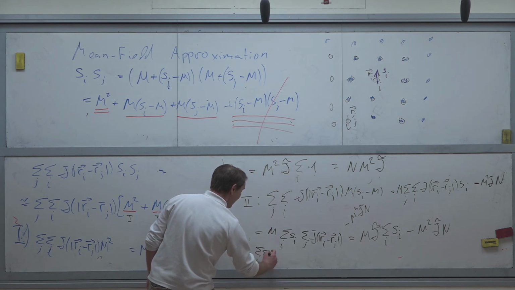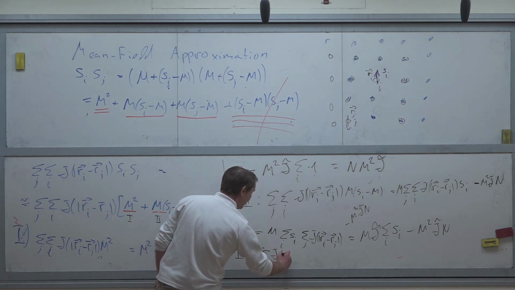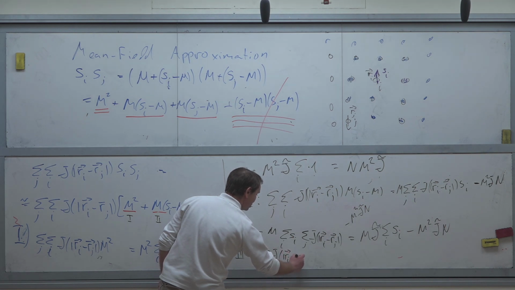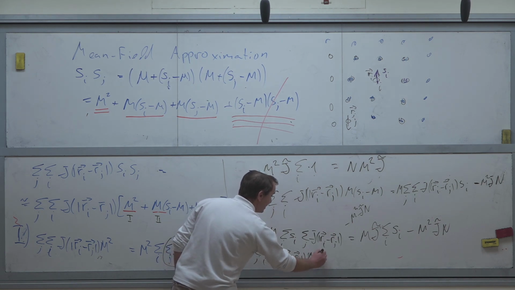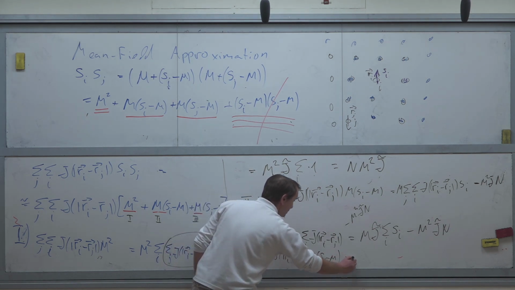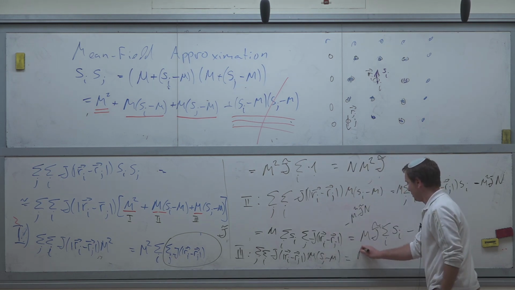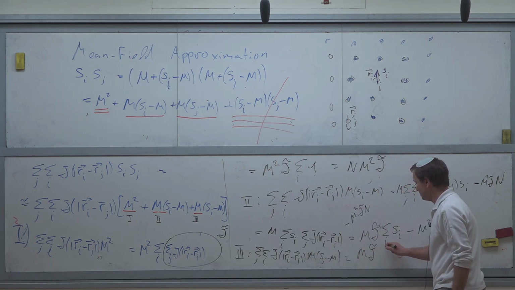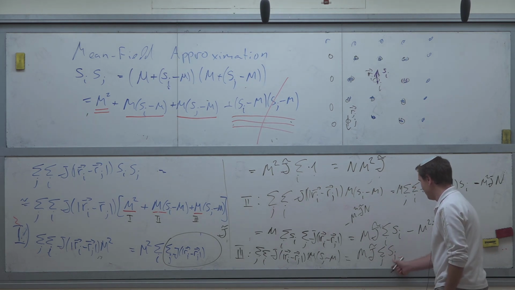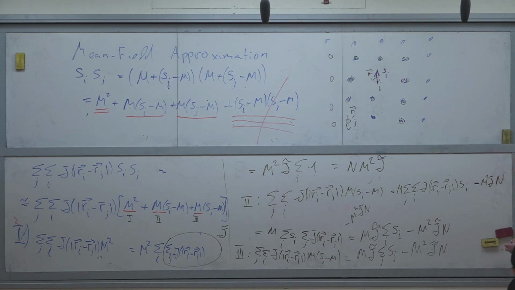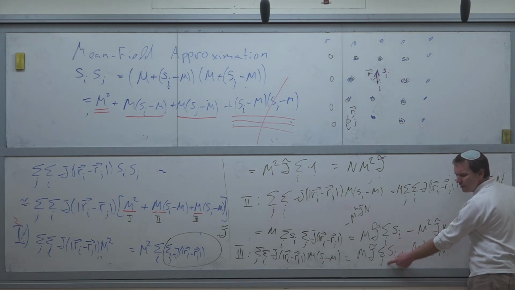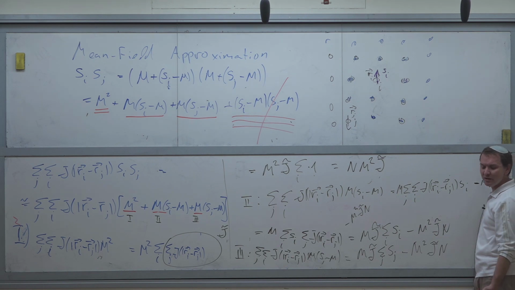A sum over j, a sum over i,j of J(R_i minus R_j) times, what did we have over here, M S_j minus M, equals M J tilde sum over j S_j minus M squared J tilde N. Now, i and j over here are simply dummy variables.